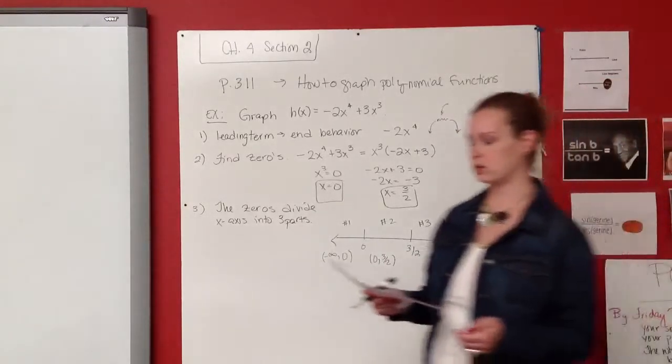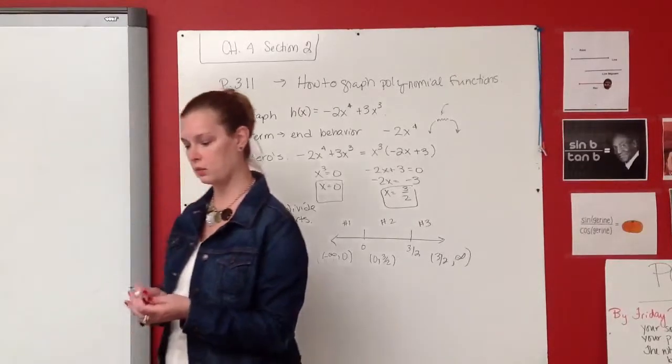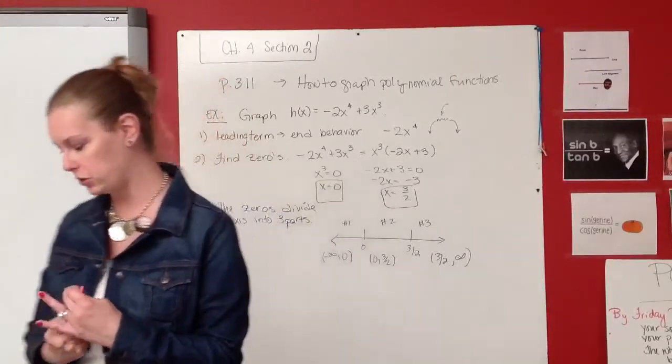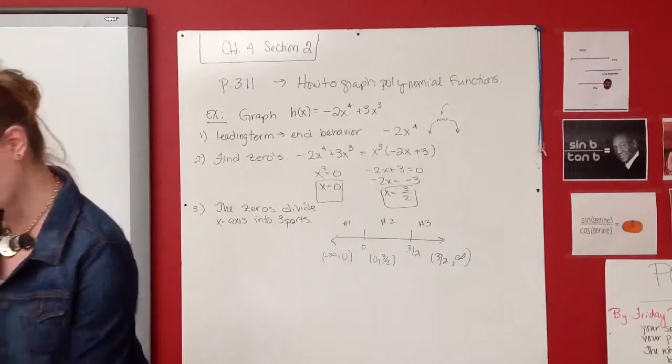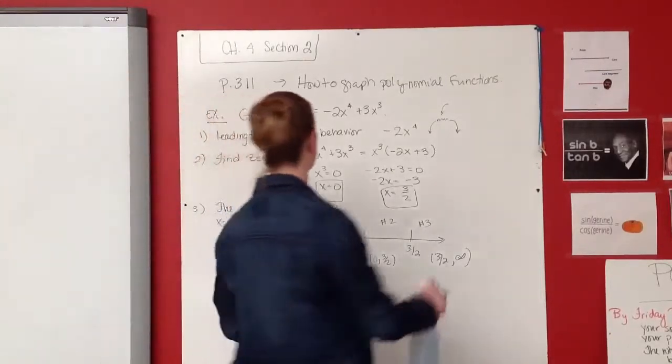So what you need to do is choose an arbitrary value in each interval, and we're going to test the value that you choose to figure out whether the graph is increasing or decreasing. Let me make some more board space here.